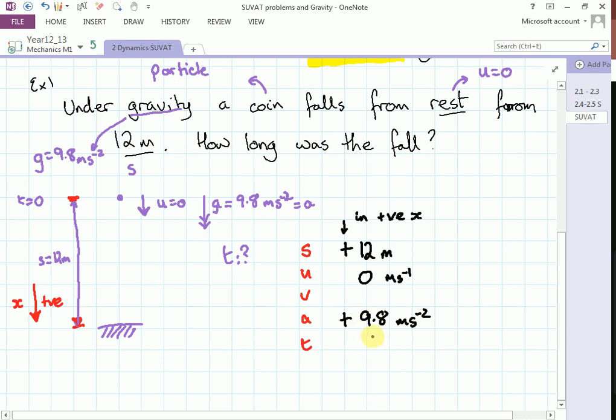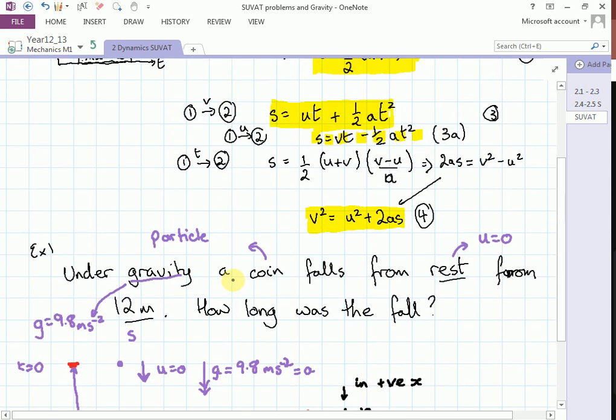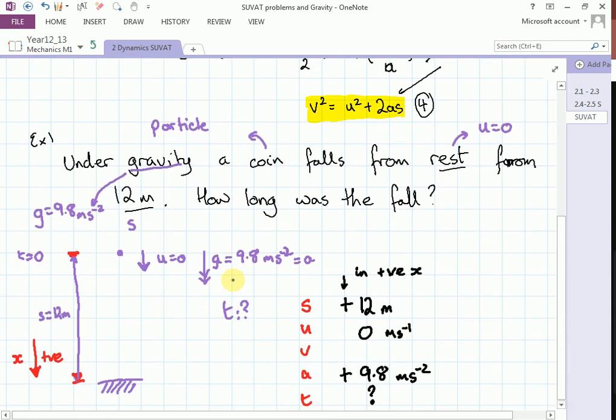Yeah, so we now need to think which of our equations links S, U, A, and T. And you can go back up to the top. Think it. The last one. Does the last one contain T? No, sorry, third. Third one, S equals UT, add on a half AT squared. Wait, could we, for example, use the last one and then do another one to find T?